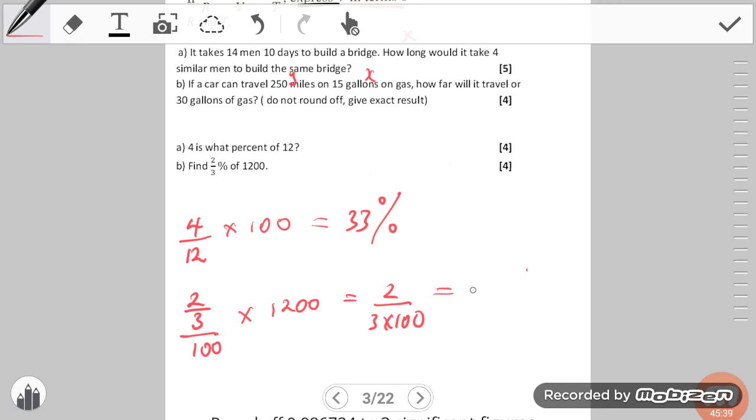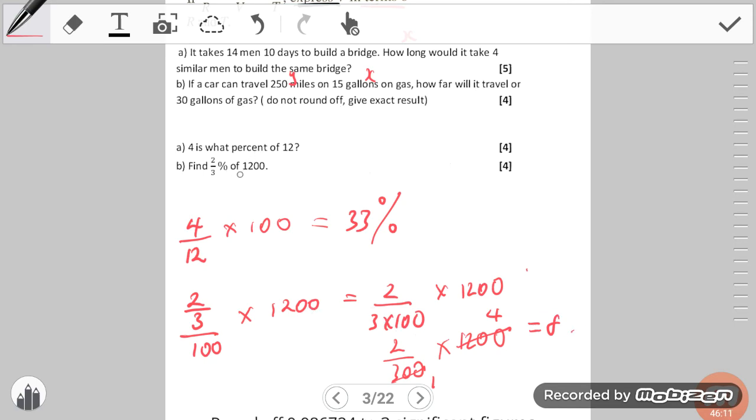So that's 2 divided by 300 multiplied by 1200. 3 times 100 is 300, so 2 divided by 300 multiplied by 1200. 300 into itself 1 time, and 300 into 1200 goes 4 times, so 2 times 4 is 8. So 2/3% of 1200 is 8.